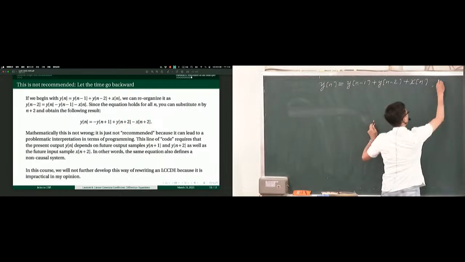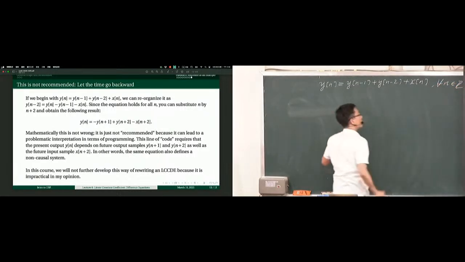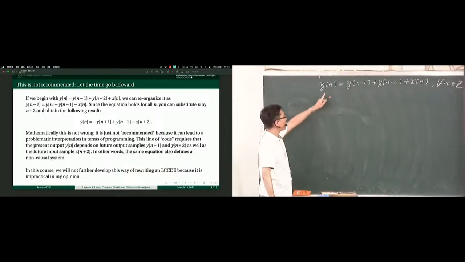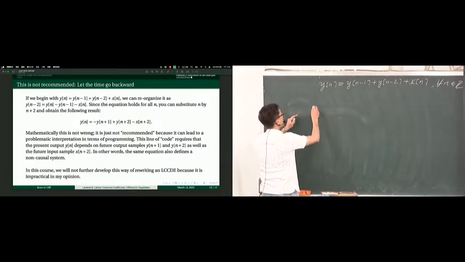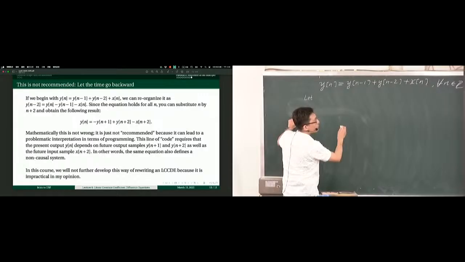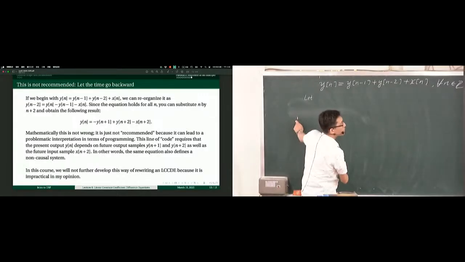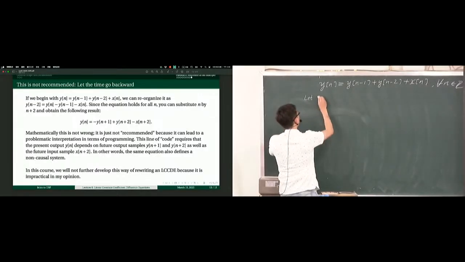We say this holds for any n, n being an integer. But if this equation holds for any integer, how about we let n prime equal n plus 2? Let's try this.